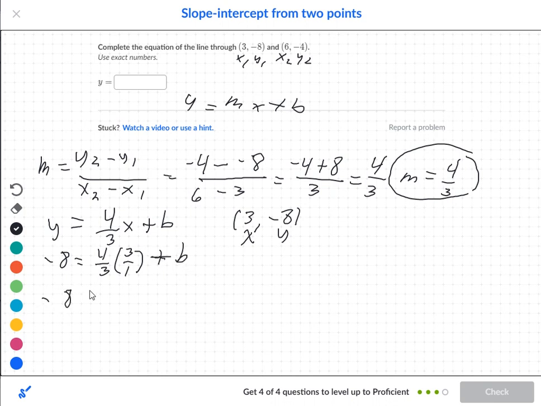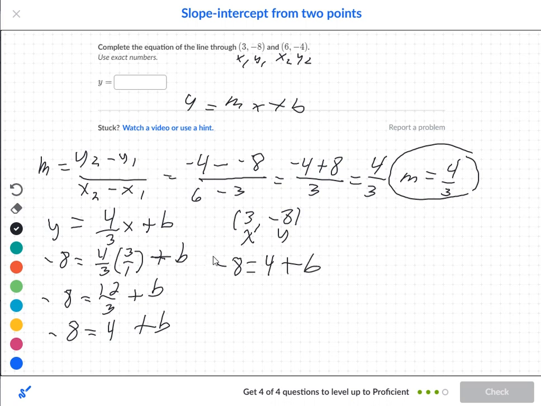Here I'm going to have negative 8. This is 12 over 3 plus b. So this is negative 8 is equal to 4 plus b.